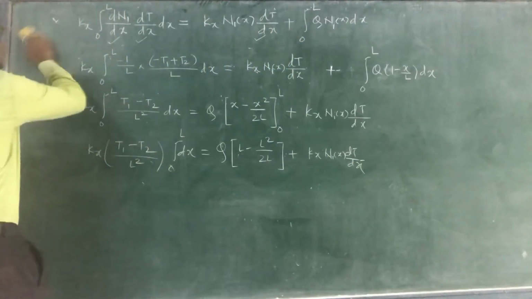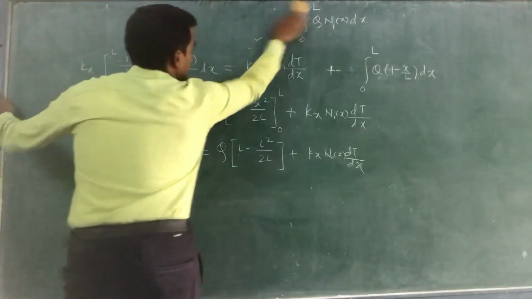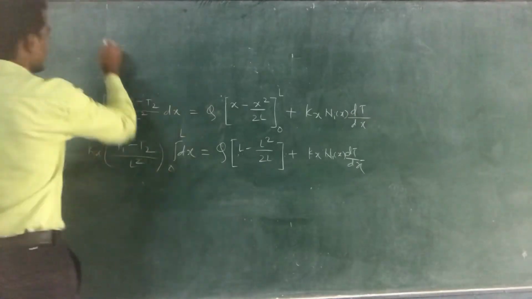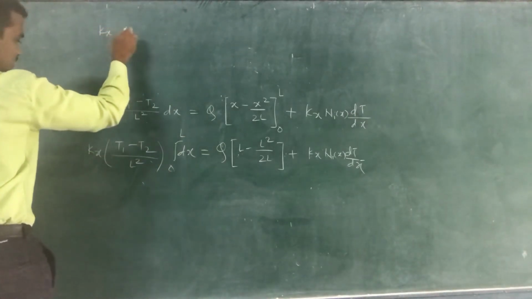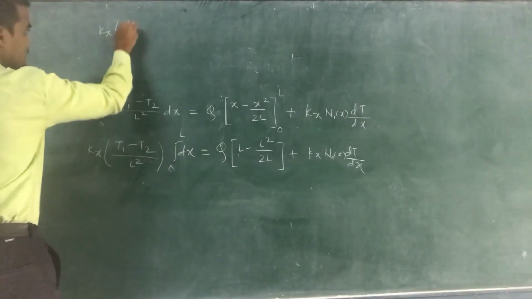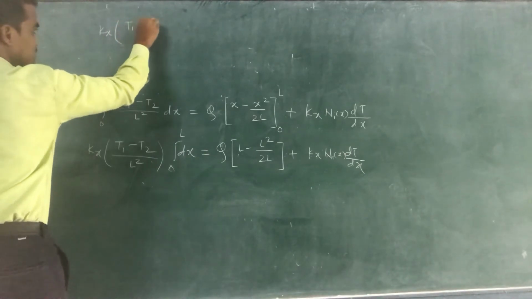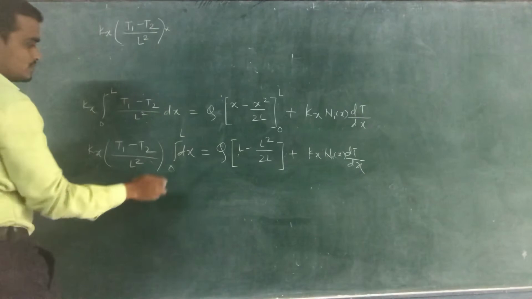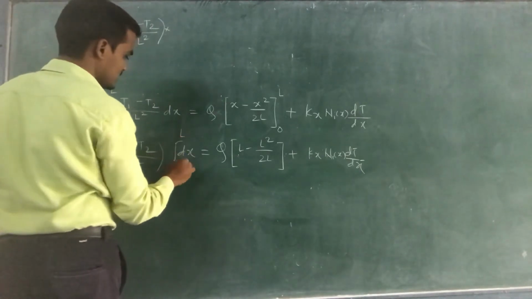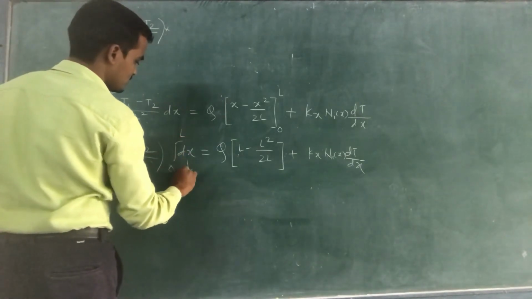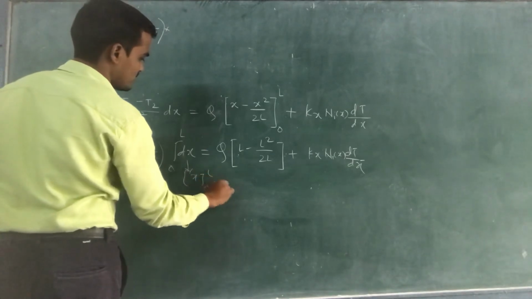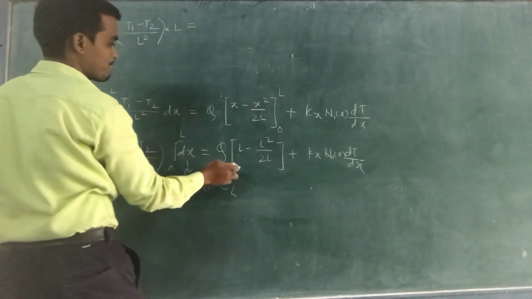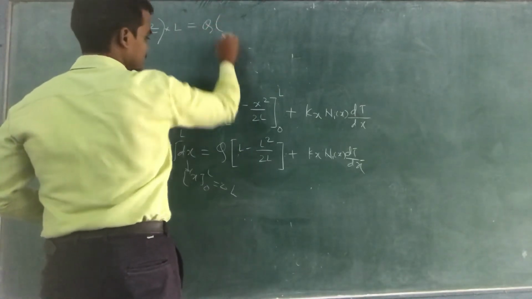Finally you will get kx in bracket (T1 minus T2) divided by L square into integration of this 0 to L dx. This will become x with limits 0 to L, and finally it will become L into L, equal to q in bracket.